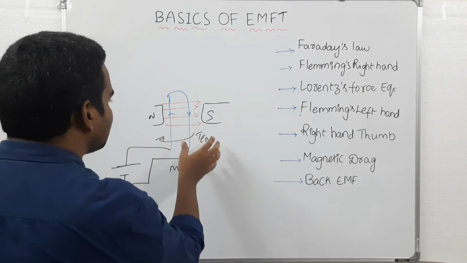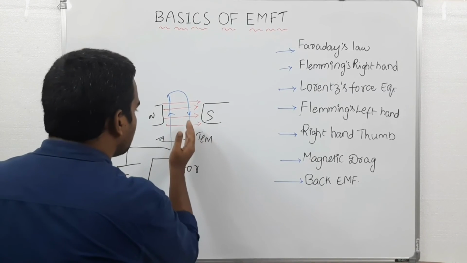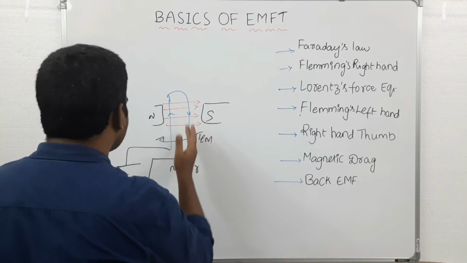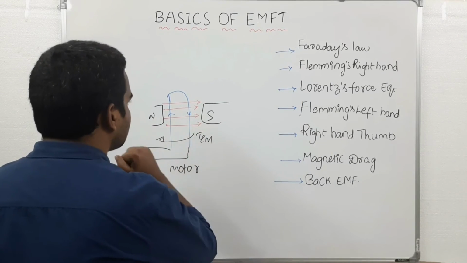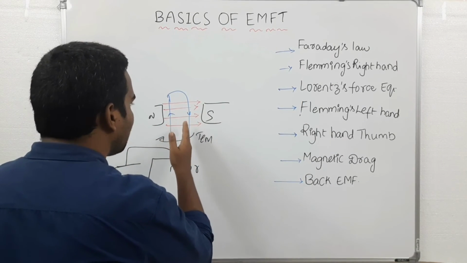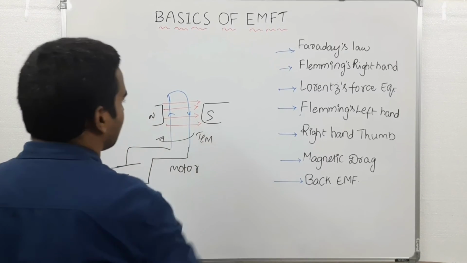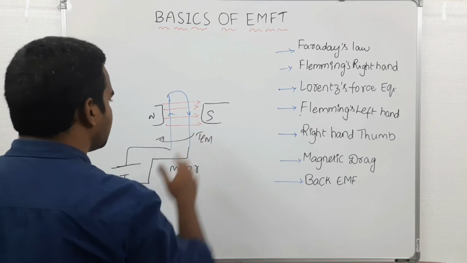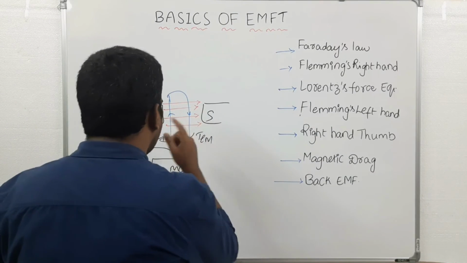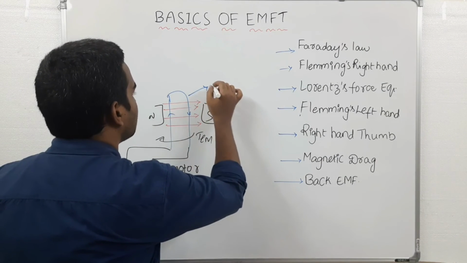So there will be a change in flux linkage due to the motion of the conductor. Since a current carrying conductor placed in a magnetic field experiences a force according to Lorentz force equation, simultaneously there will be a change in flux linkage with that conductor. So, according to Faraday's law, whenever there is a change in flux linkage with the conductor, an EMF is induced in that conductor.